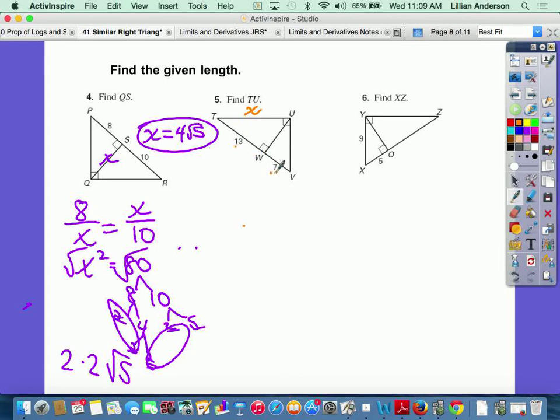Well, 7 is very far away from that leg. It's 13. So you should have set it up as x, bottom left, top right, then 13 over 20, or 20 over 13. X squared equals 260. Simplify it.